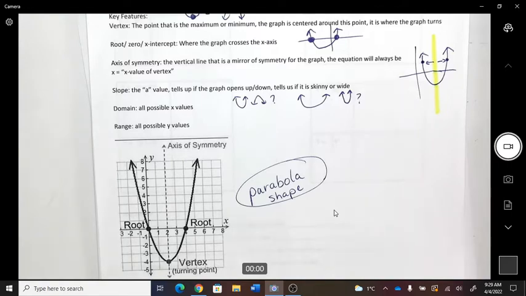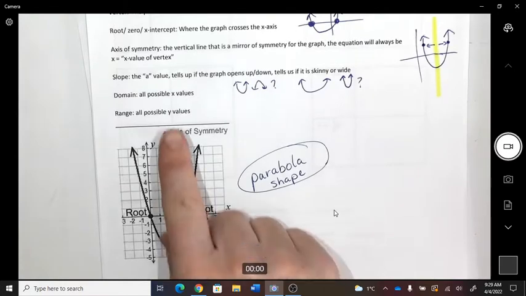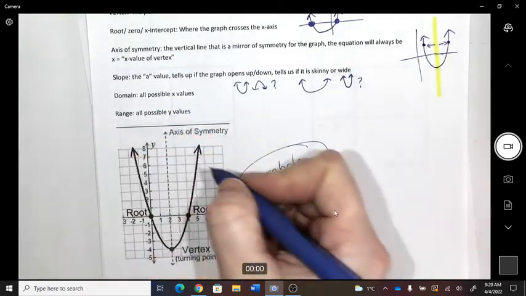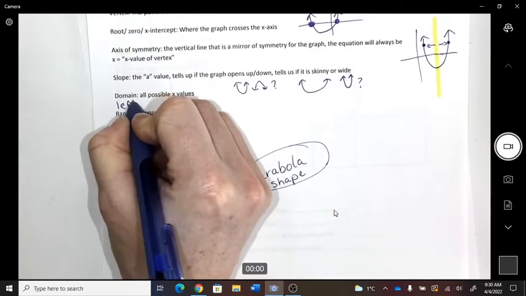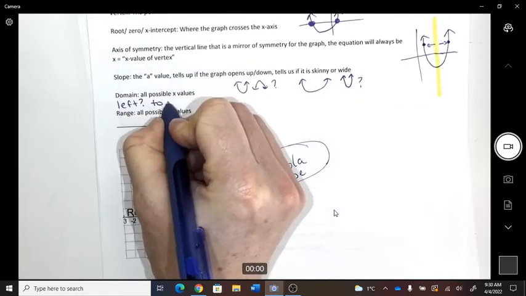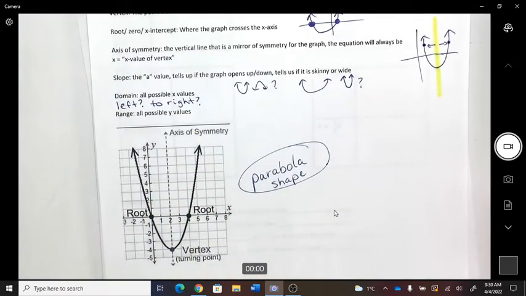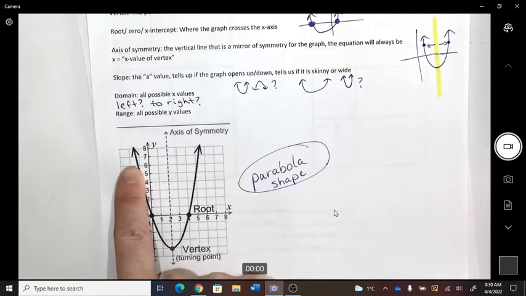Okay, the domain is all of the possible x values. When we talk about x, we talk about how far left to how far right we get to go. So this graph specifically, how far left does it keep moving?